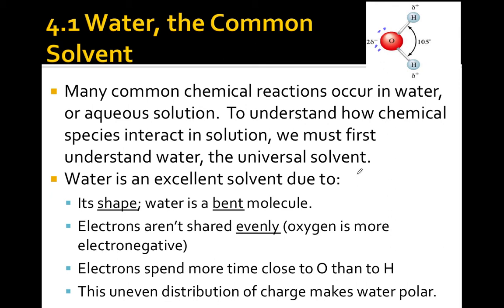And again, that has to do with the electronegativity of oxygen. Because it is more electronegative, it's going to pull the electrons closer to it. So the electrons spend more time closer to oxygen than they do to hydrogen. This uneven distribution of the charge, being that from the electrons, makes water a polar molecule.